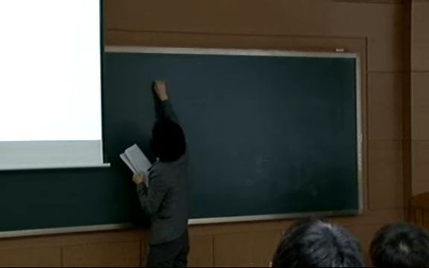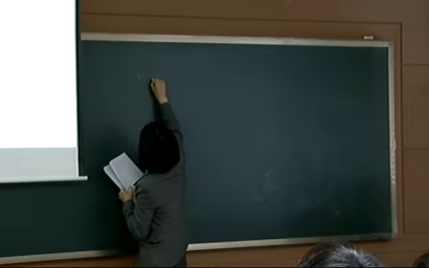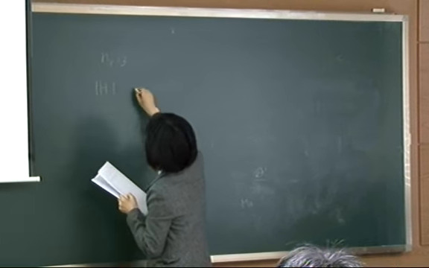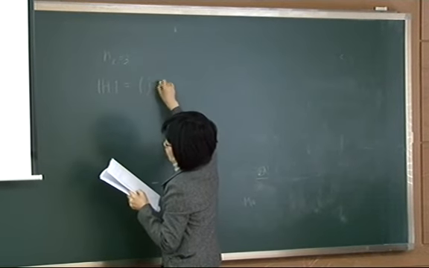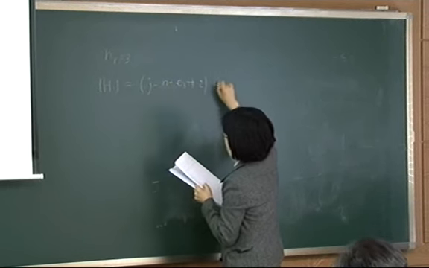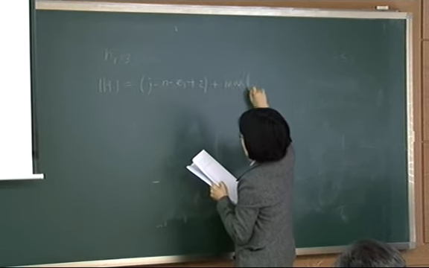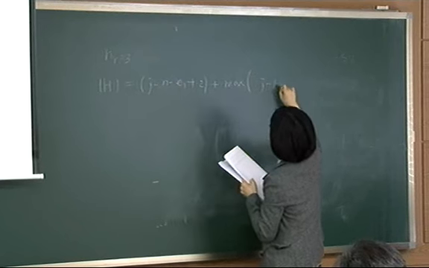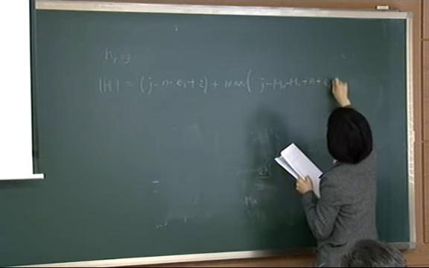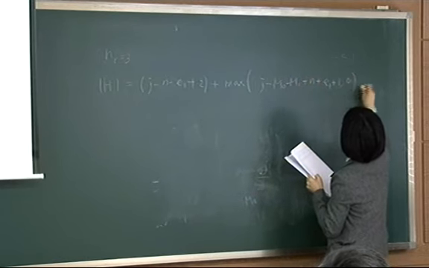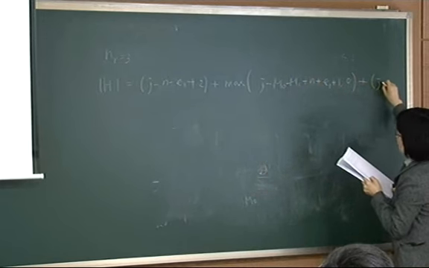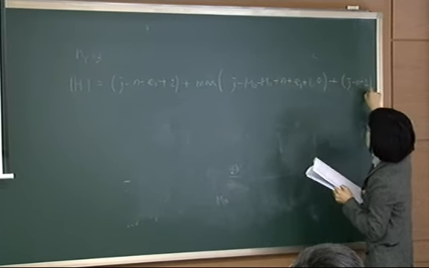So in this case, when R is 3, H is j minus n minus 2 plus the maximum, plus in the next layer, minus 2.